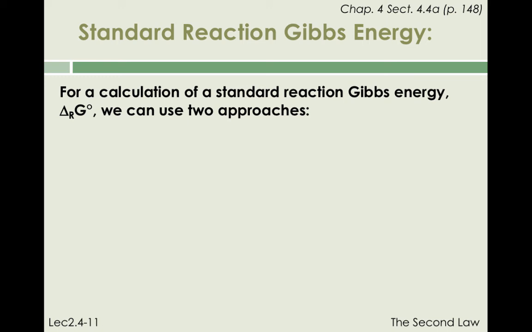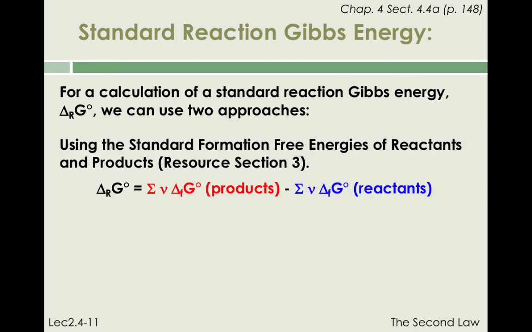We close this lecture in Chapter 2 with a review slide concerned with the calculation of standard reaction Gibbs energy changes, delta RG standard. Two equivalent approaches can be used. First, in the same way we calculate standard reaction enthalpy changes, delta RH standard, from the standard formation enthalpy changes, delta FH standards, for the substances involved in the reaction, we can calculate delta RG standards from the standard formation free energy changes, delta FG standard, for the substances involved in the reaction, and from the appropriate stoichiometric coefficients.